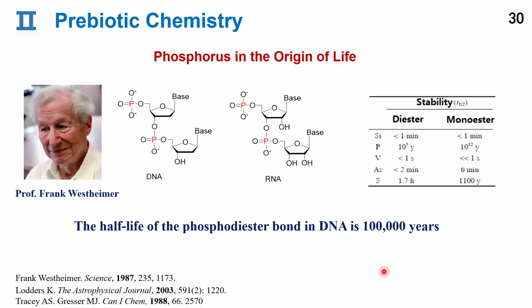The half-life of phosphate bonds in DNA can reach around 10,000 years under natural conditions. That means once formed, these molecules can persist long enough for genetic information to be stored, transmitted, and evolved, which was critical for the emergence of life.